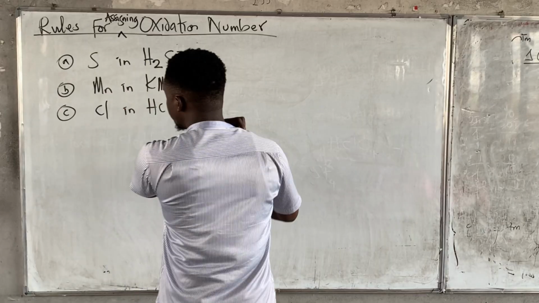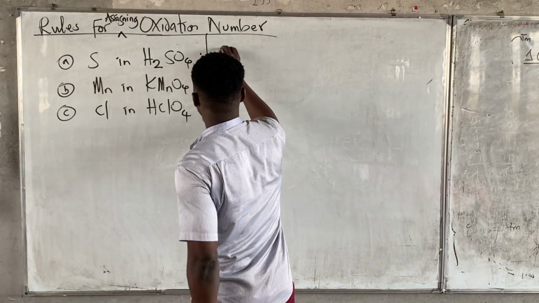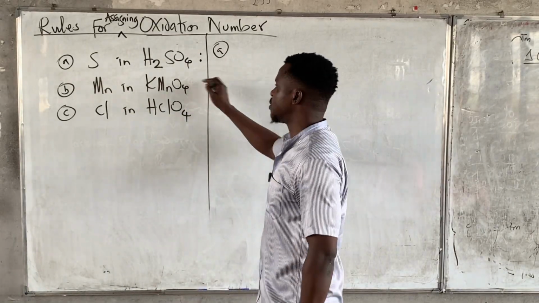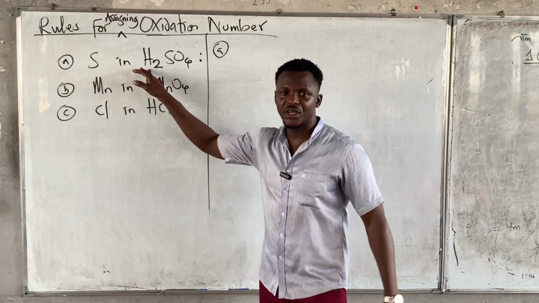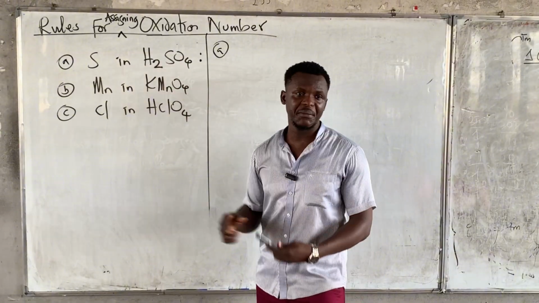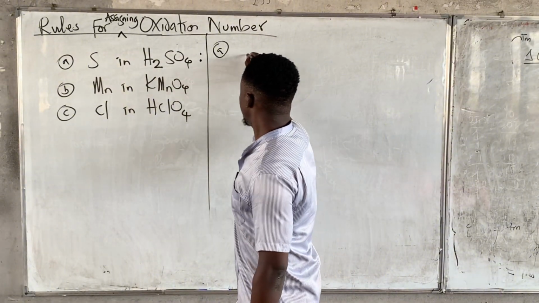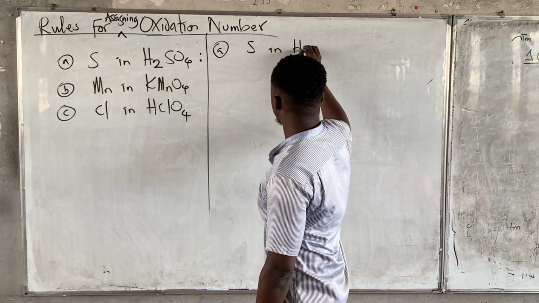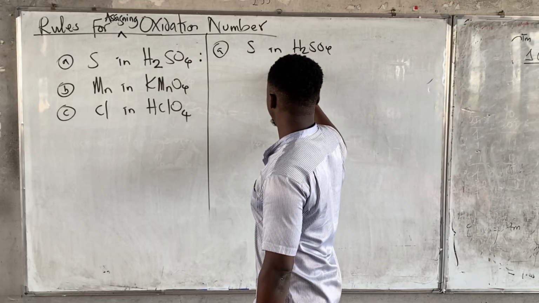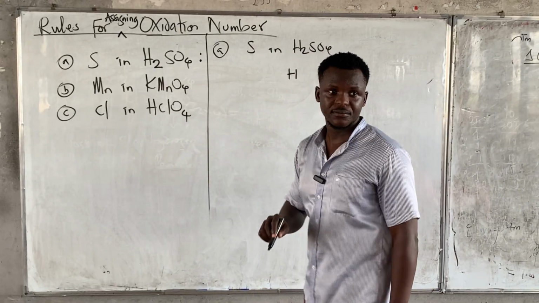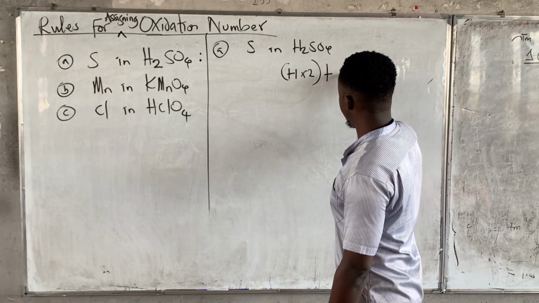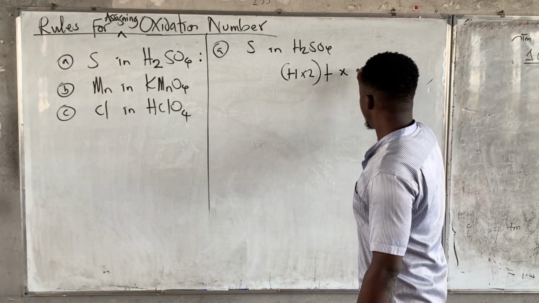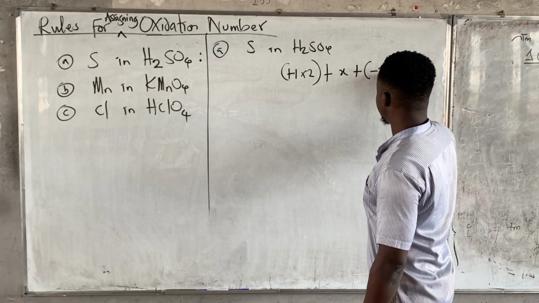So in this case now, I'll say A. If I want to solve for sulfur, anywhere I see sulfur here, I'll call it X. Hydrogen, I already know, is always going to be +1. Oxygen is going to be -2. So this is S in H2SO4. Hydrogen is +1 times 2 here, plus sulfur is X, I do not know, plus oxygen is -2 times 4.